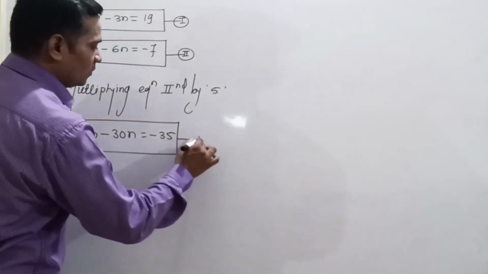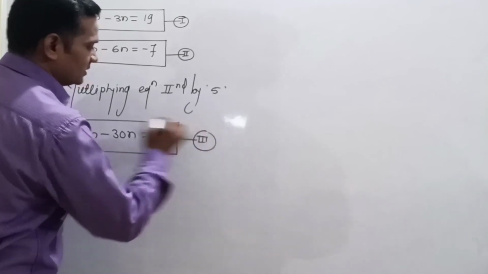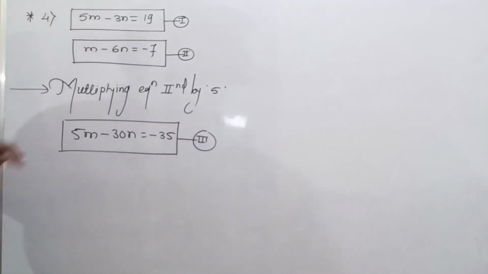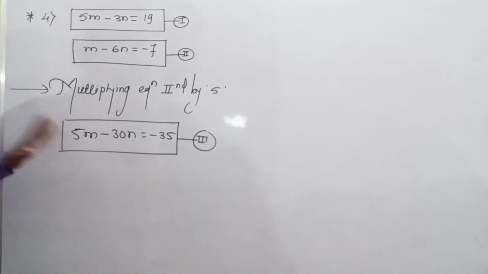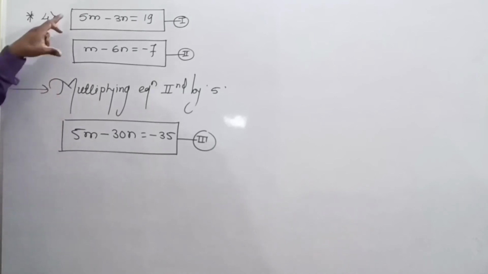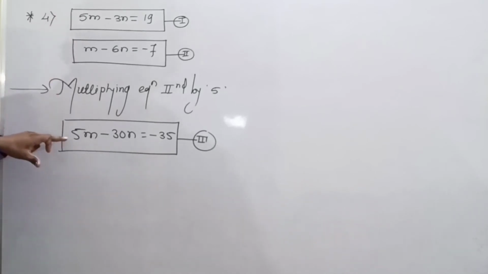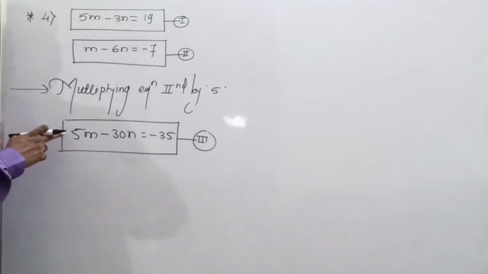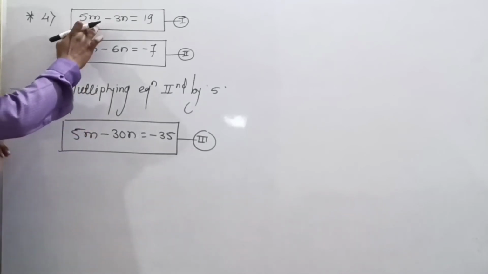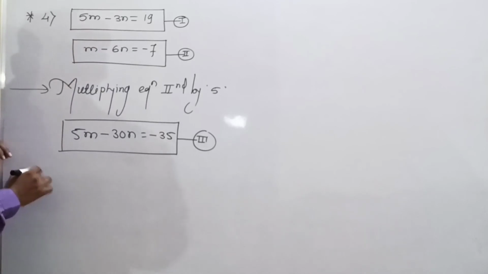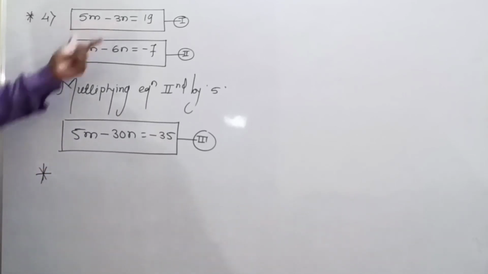Now in equation number first and third, the coefficient of the variable m is same. So we will consider these two equations now, equation number first and third, in which the sign of both terms is same, plus 5m, again here is a 5m. So again we have to subtract these two equations, and this one is greater than the third one.